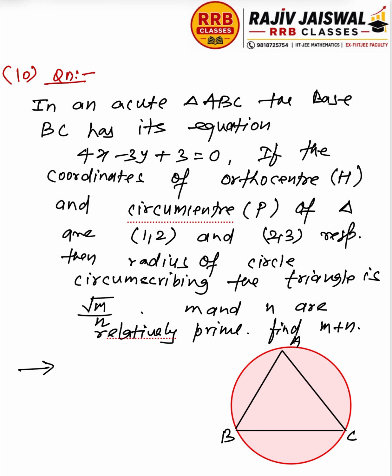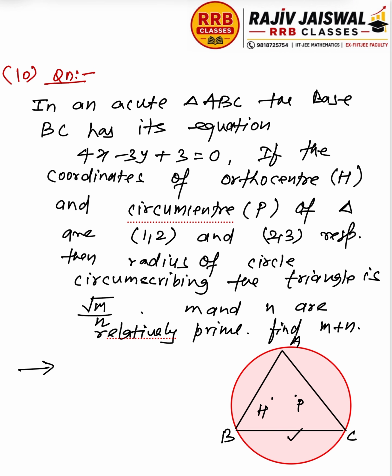What is given in this question? In an acute triangle ABC, the base BC has an equation. We have the equation of this BC. The coordinates of the orthocenter are known, and the coordinates of the circumcenter are also known. We have to find the radius of the circle circumscribing the triangle, that means the radius of this circle.